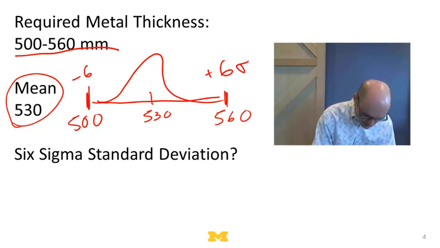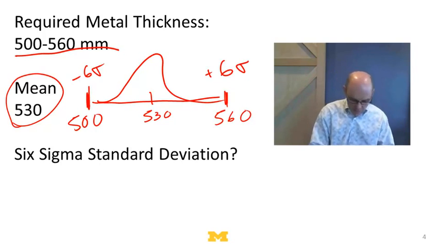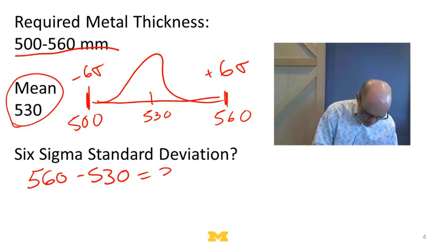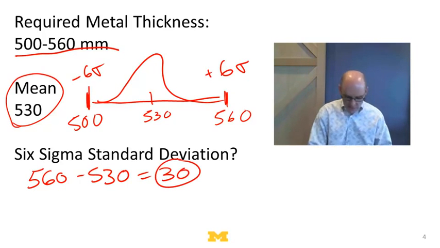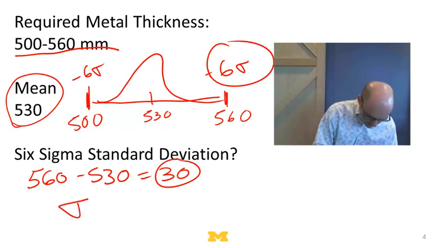If 6 sigma is 30 above the mean, 560 minus 530 equals 30, that means I just want 6 sigma to equal 30. So if 6 sigma equals 30, that means sigma equals 5.